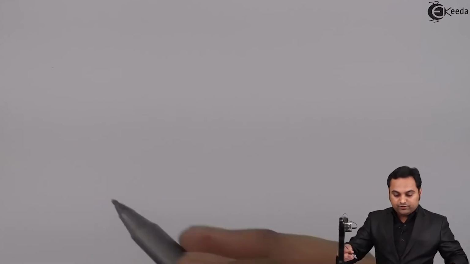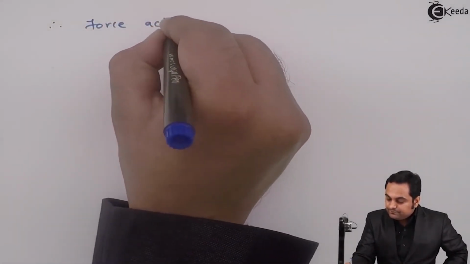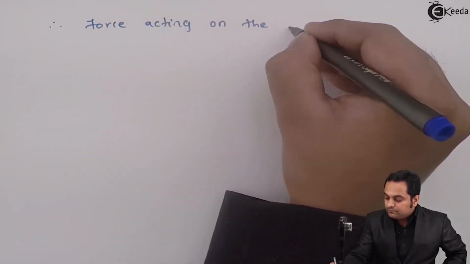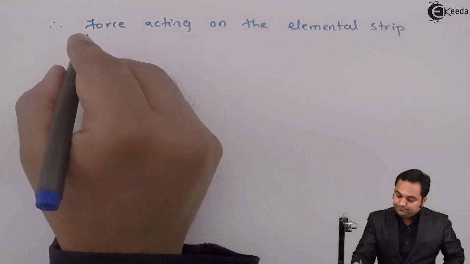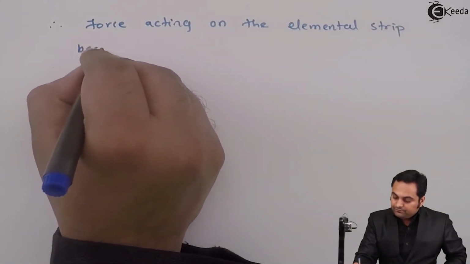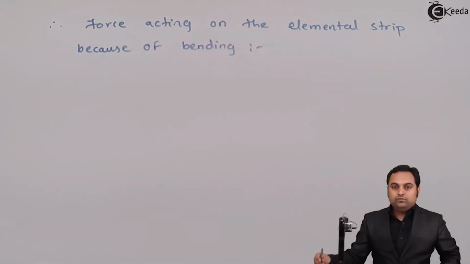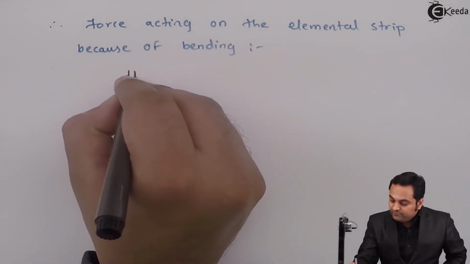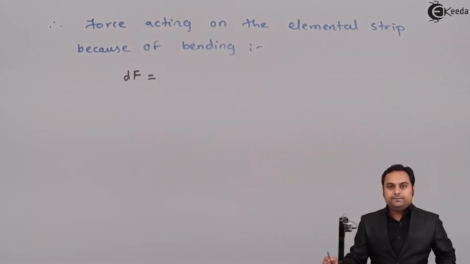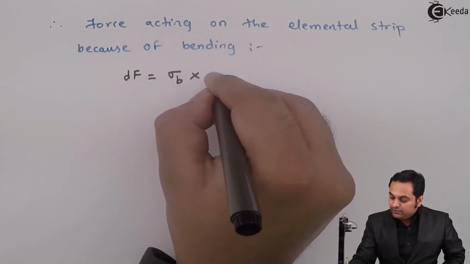So the force acting on the elemental strip because of bending is a small amount of force dF because it is acting on a small area dA, and that force will be equal to bending stress into area.